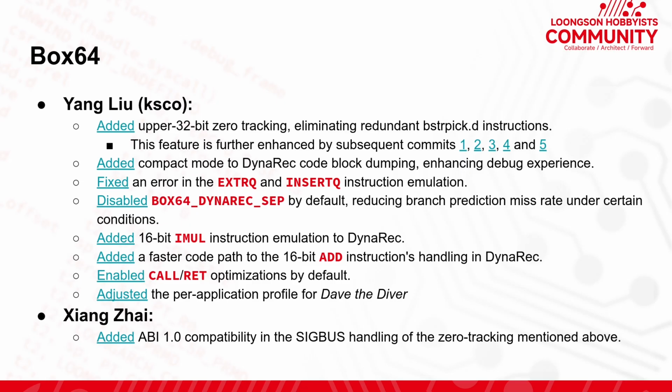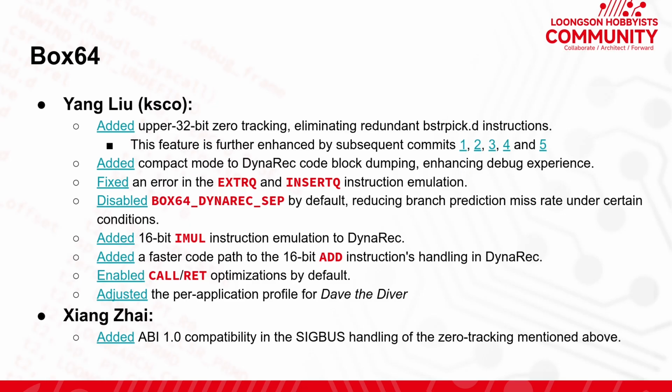For those dead registers, because we know that the upper 32-bit value will never be referenced by any following instructions, we can remove the explicit BSTRPICK. So we can use fewer instructions to translate the same x86 instructions.